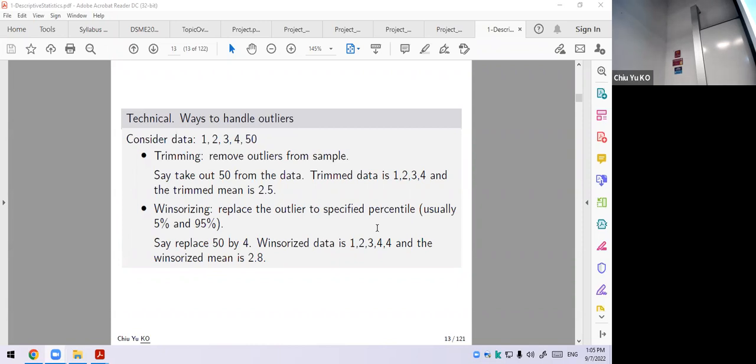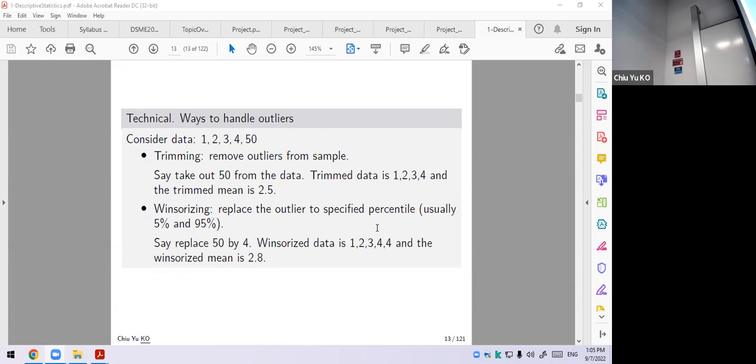There's a systematic way to trim: you cut the top 1%, 3%, or 5%. You can't arbitrarily say 50 is an outlier, just cut it. You look at the data set; the bigger it is, the more you can cut, but usually you cut 1%, 3%, and 5%. So that is the way.